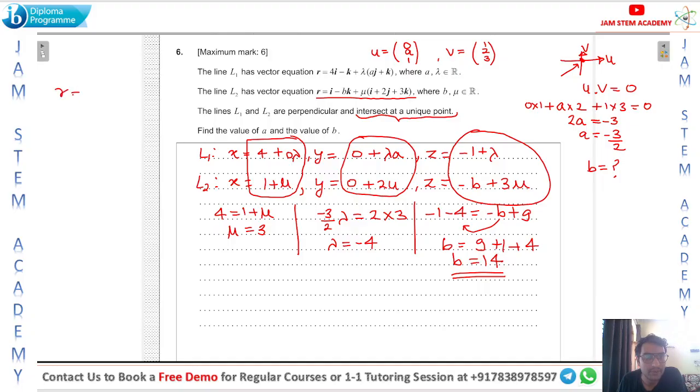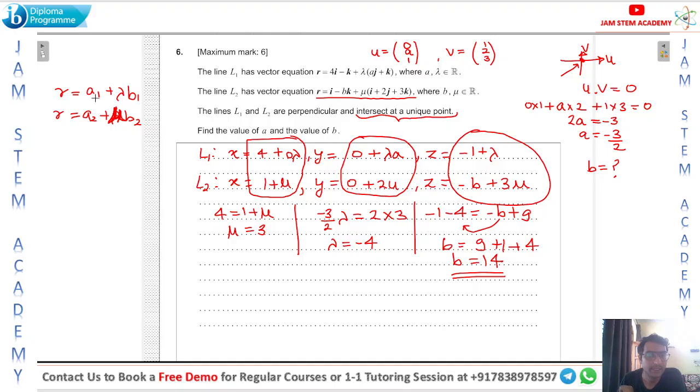Like r vector is equal to a1 plus lambda b1, and r vector equal to a2 plus mu b2. Lambda and mu are real numbers. So b1 and b2 are the direction vectors, and if the lines are perpendicular, then b1 and b2 must have their dot product as 0.